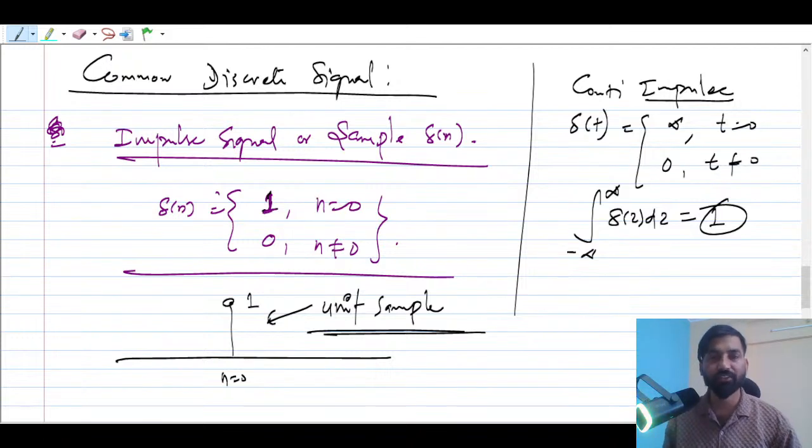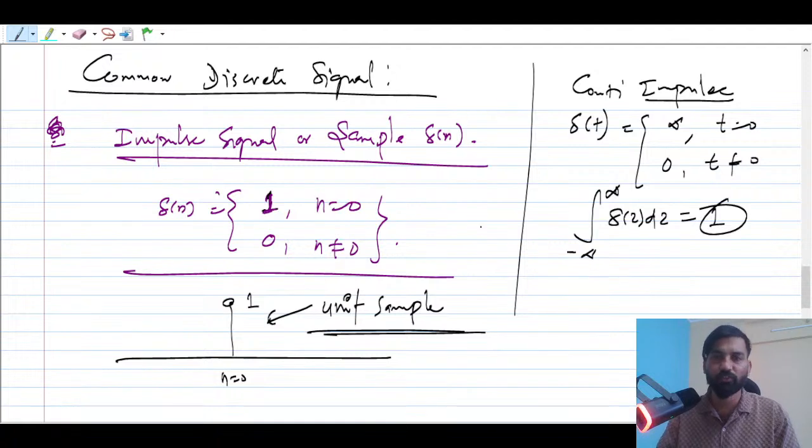The height of the sample is 1, and it is completely free of the kind of ambiguities associated with the analog impulse. Whatever ambiguity was there in the continuous case, it is so simple here. So the discrete unit step also has a well-defined unique value of u of 0.